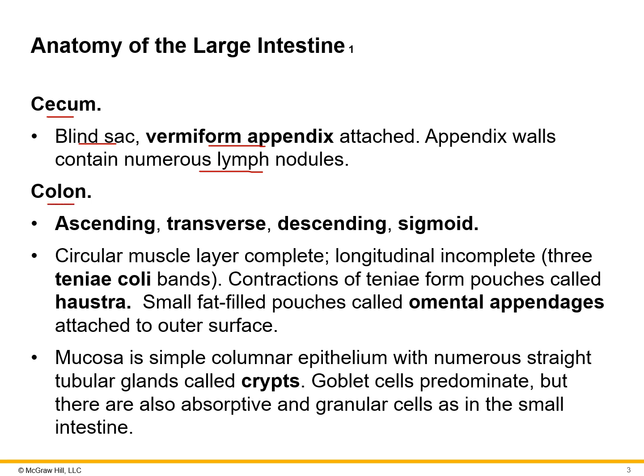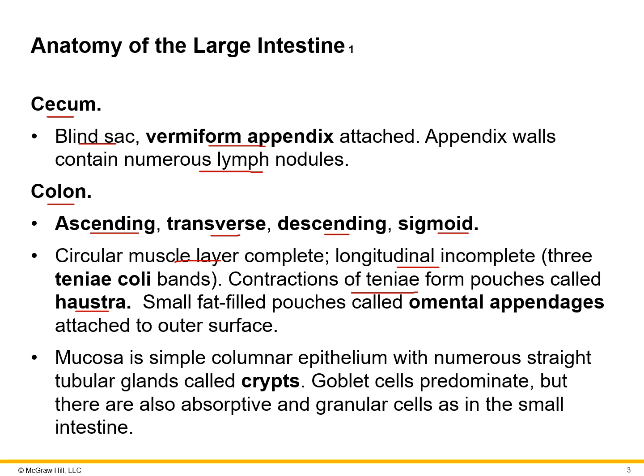Then the colon, so we have a few different parts here. We have the ascending, transverse, descending, and sigmoid regions of the colon. These have a circular layer with an incomplete longitudinal layer. So the contractions of taeniae coli form these pouches called haustra.